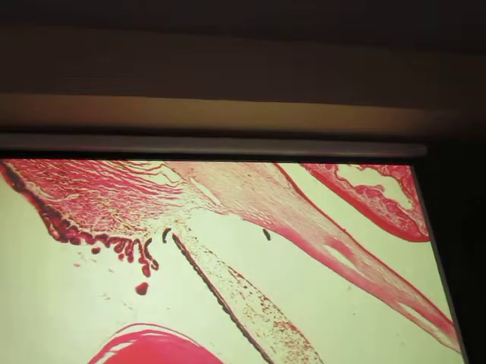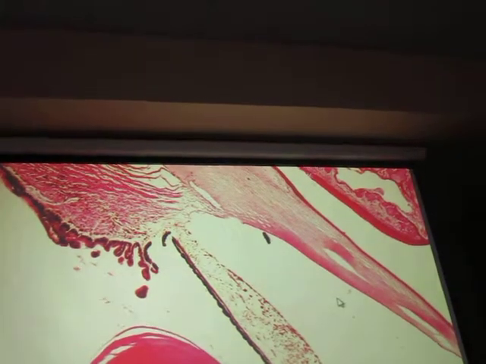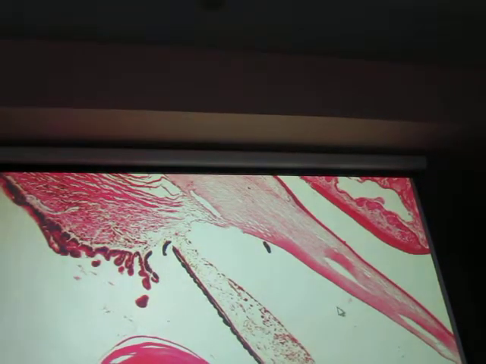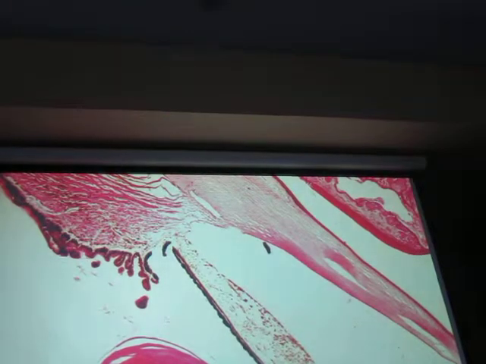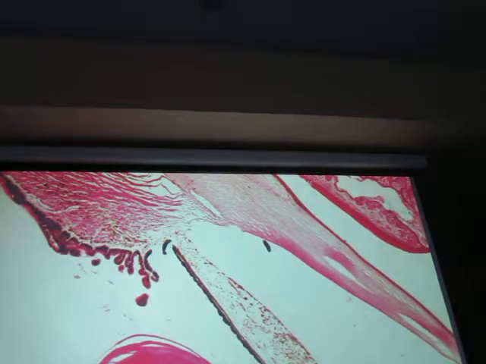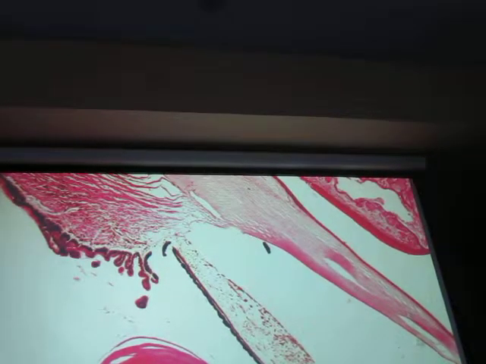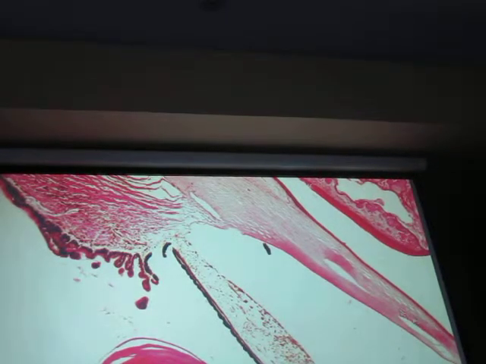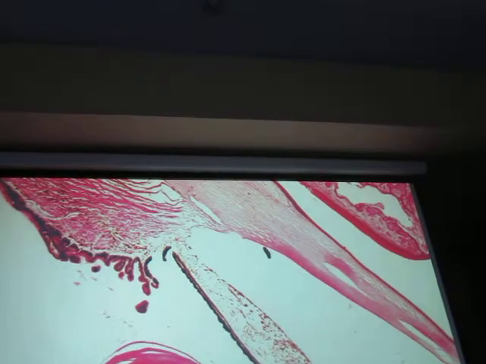Now this is another area of the eyeball, the anterior part. This is the eyelid, part of the sclera. What is this structure? The iris. And this is the lens.